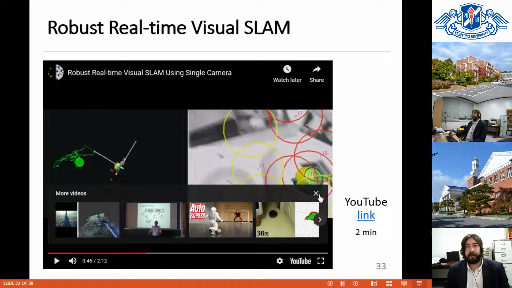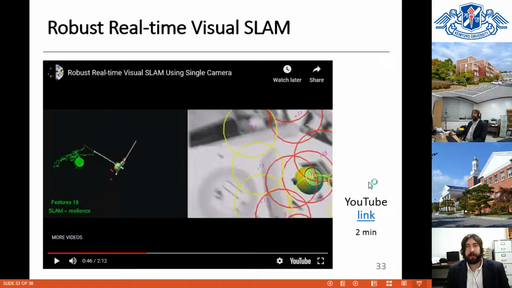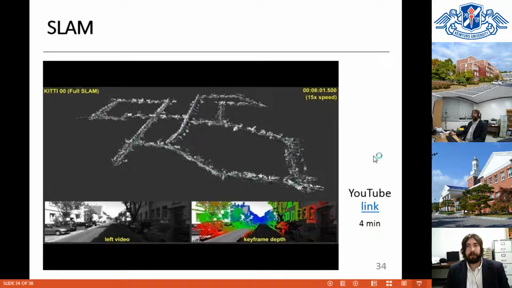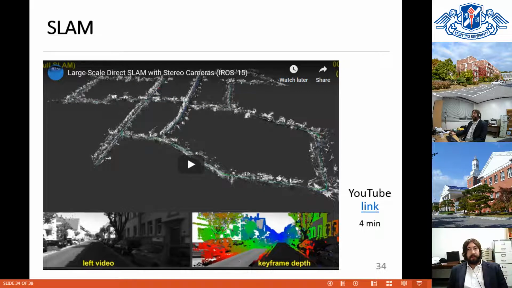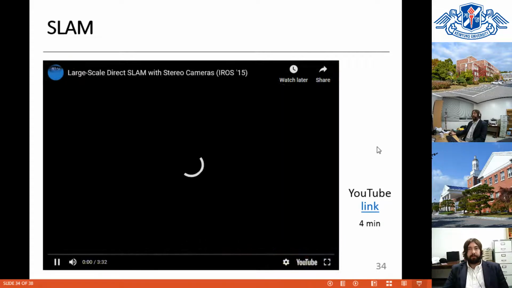On the next example, I would like to show you a more complex SLAM. Actually, this SLAM is placed on some moving body like a car, and the SLAM will try to scan the environment. Here is a street, so please have a look.